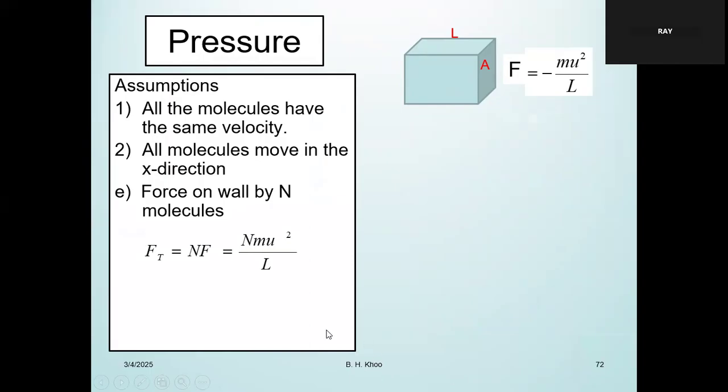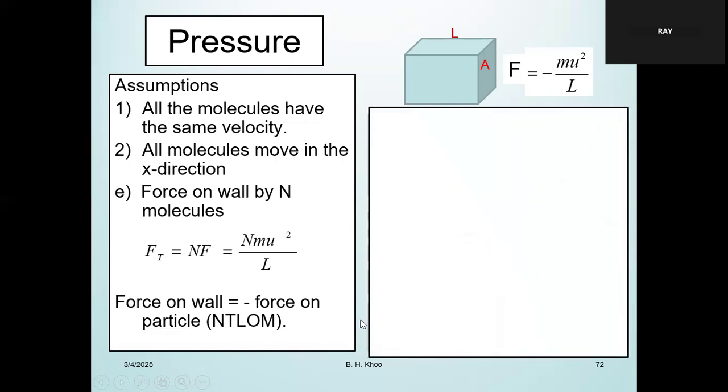So we have calculated for n particles, we just multiply by n. And then we use Newton's third law of motion. Force on wall equals minus force on particle. Pressure on the wall, right?